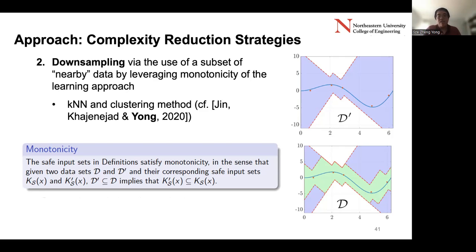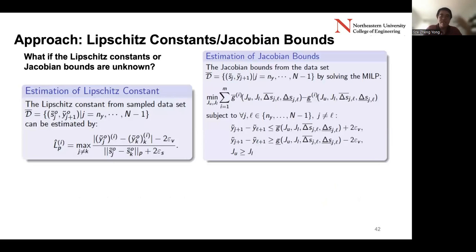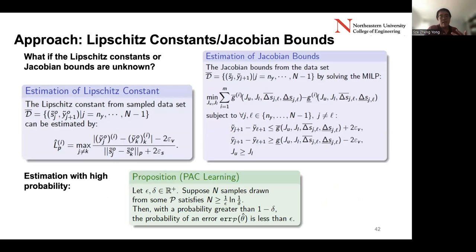Again, when I talked about the Lipschitz continuity assumption or Jacobian bound assumptions, we sometimes don't have the Lipschitz constants or the Jacobian bounds. We propose a way of computing what these Lipschitz constants and Jacobian bounds are. They can be estimated with high probability, meaning that the more data you have, the closer you get.